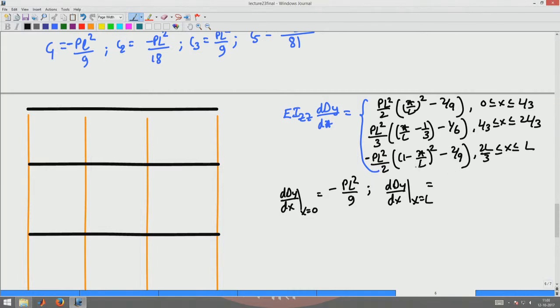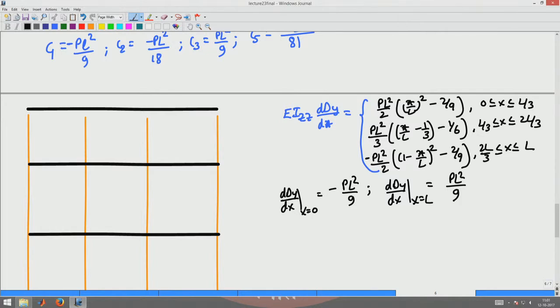Substituting x equal to L in this equation, I will get that this is nothing but PL square by 9. They have the same magnitude, but opposite in direction, because one rotates in the clockwise direction whereas the other one rotates in the anti-clockwise direction. It will be evident when we draw the deflected shape.